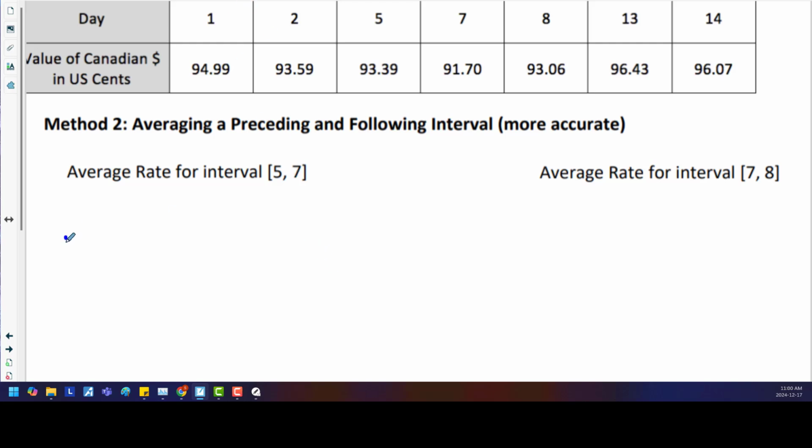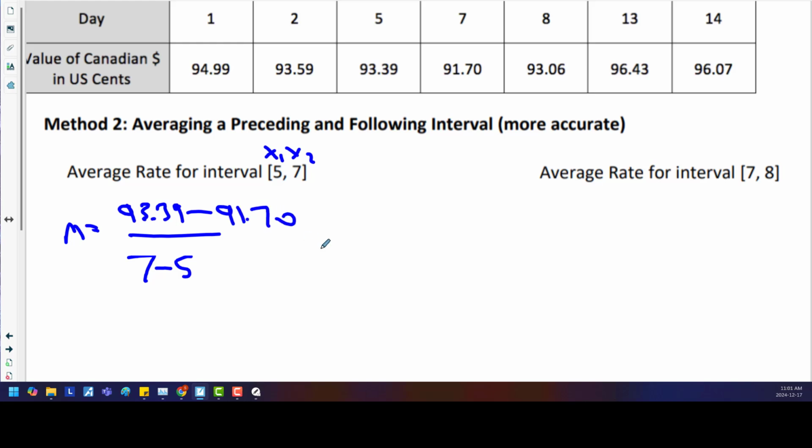So 5 and 7, we know slope is going to equal 7 minus 5 on the bottom, and then the value of 5 is 93.39 minus the value of 7, which was 91.70. And that's going to equal negative 0.845 cents per day.